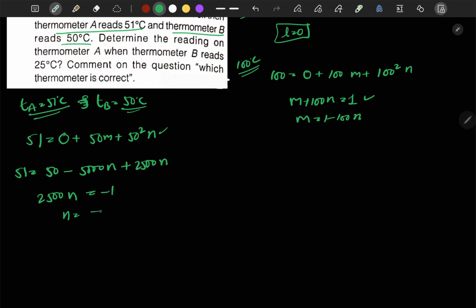So N is equal to minus 1 upon 2500, and similarly we can get M is equal to 1 minus 100 into N, which is minus 1 upon 2500. So we will get 1 plus 1 upon 25, that will be 26 upon 25.